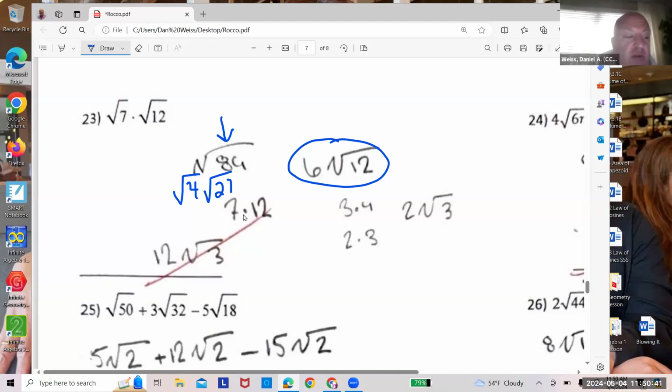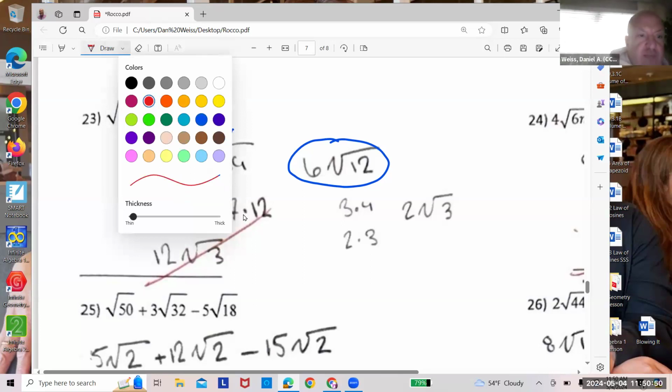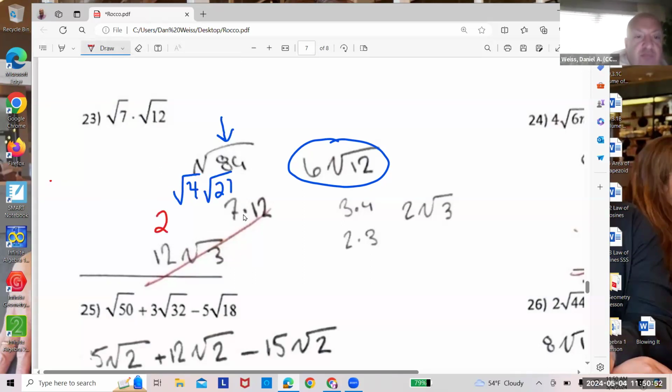So your answer should be 2 square root of 21. Okay. This 6 square root of 12, sorry, that's no good.